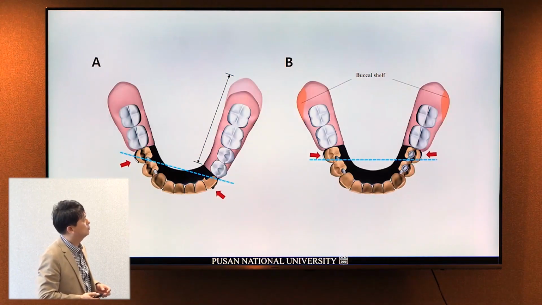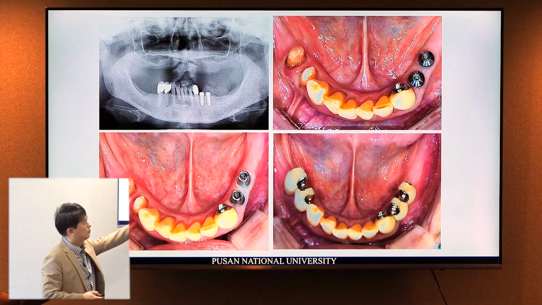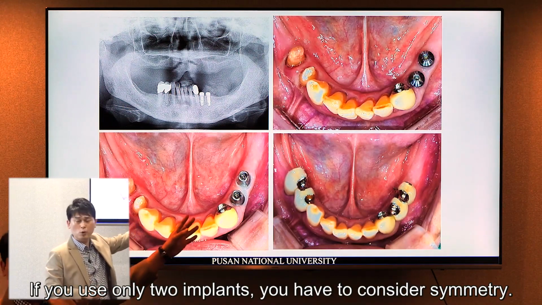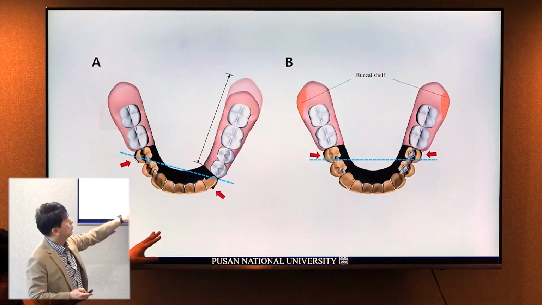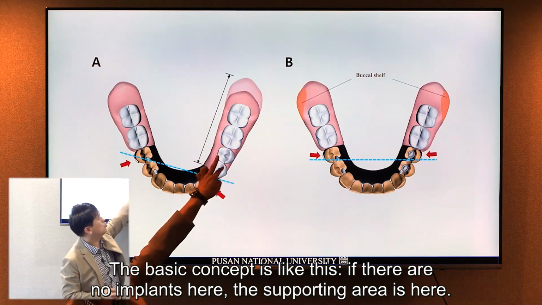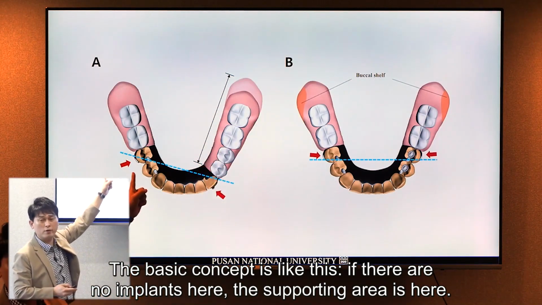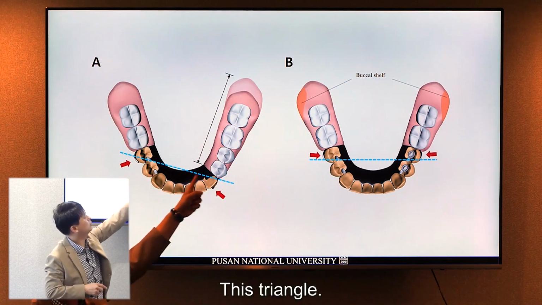As I told you, if you use only 2 implants, you have to consider the symmetry. So the basic concept is like this. If there are no 2 implants, the supporting area is this triangle.